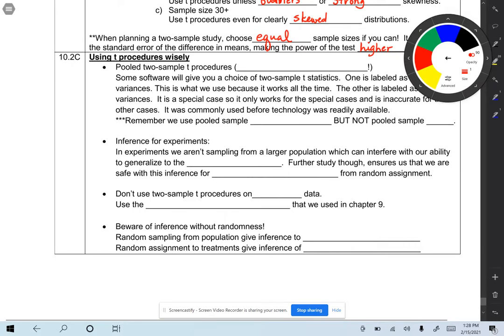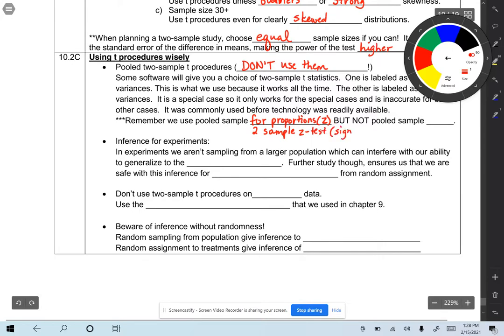As far as using t-procedures wisely, never use pooled two-sample t-procedures. The only reason why we don't use them is because we use them for proportions, and we use them for doing a two-sample z-test. So remember, ZAP is for proportion, TAX is for means. So you use pooled data for two-sample z-test, and that is for significance testing, not for intervals.